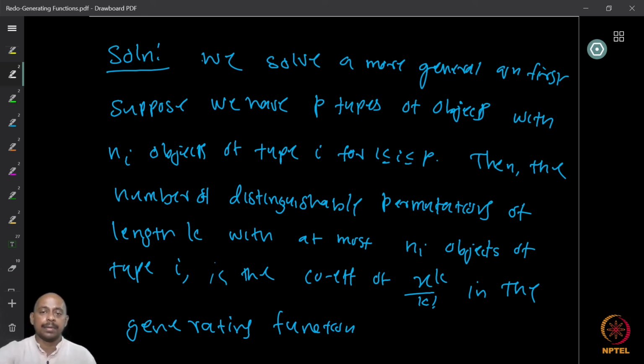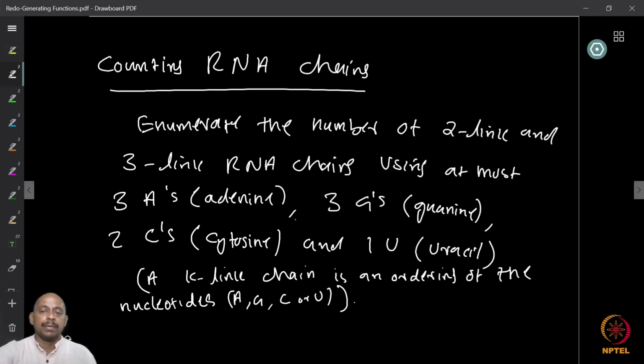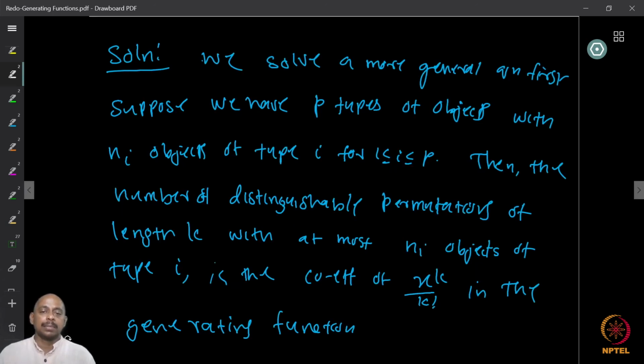In this case, type A objects, there were 3 of them. Type G objects, there were 3 of them. Type C objects, there were 2 of them. And type U objects, there was 1. Similarly, of type i objects, there are n_i of them available. Then the number of distinguishable permutations of length k with at most n_i objects of type i to draw from is the coefficient of x raised to k in the following generating function.